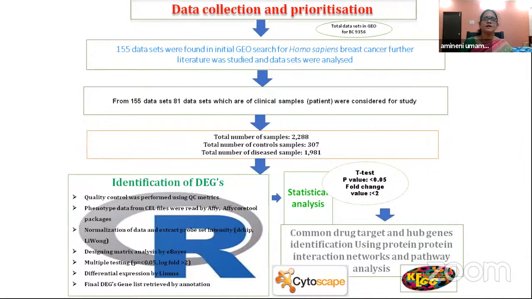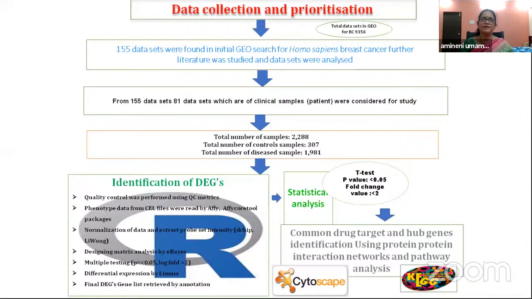So this is our work. In the GEO databases, the datasets related to breast cancer number 9,356. But after curating, we selected only 155. Among these 155, 81 datasets belong to cancer clinical samples, so we selected these clinical samples.